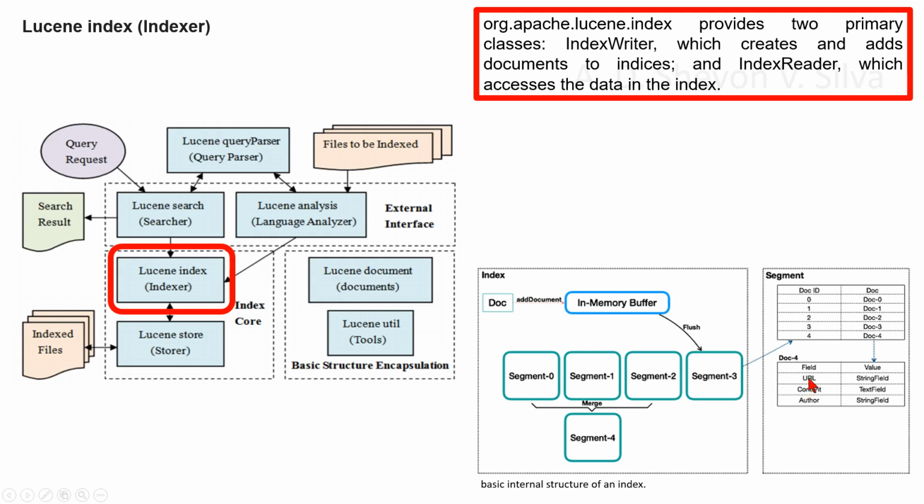Two, doc ID is unique within a segment, numbered progressively from 0, but this does not mean the doc IDs are continuous. When a doc is deleted, there is a gap. Three, the doc ID corresponding to a document can change, usually when segments are merged.